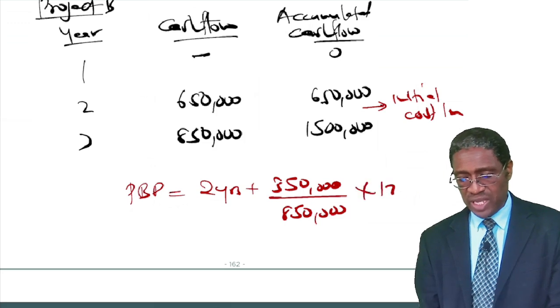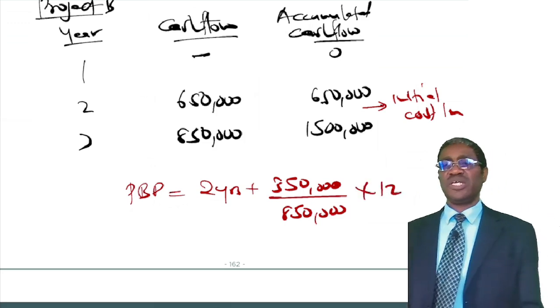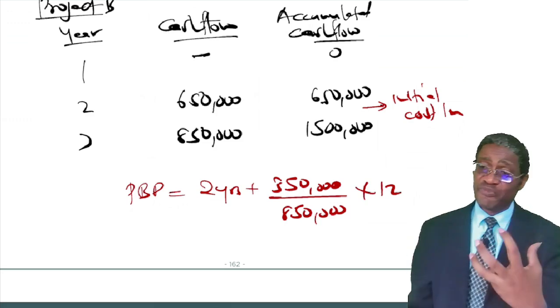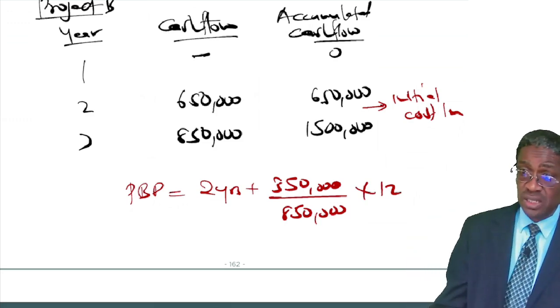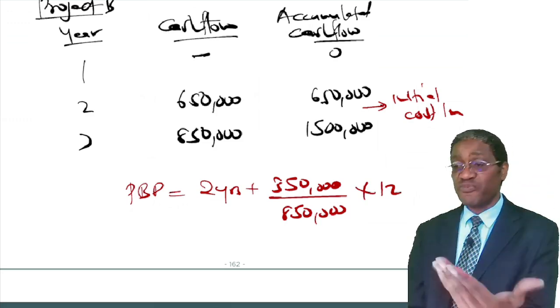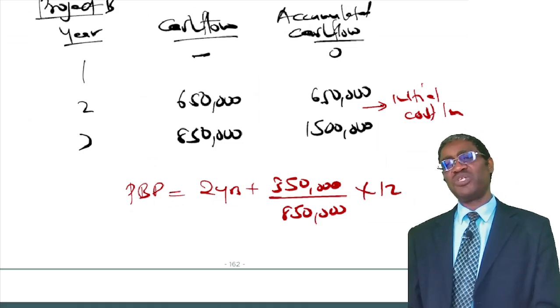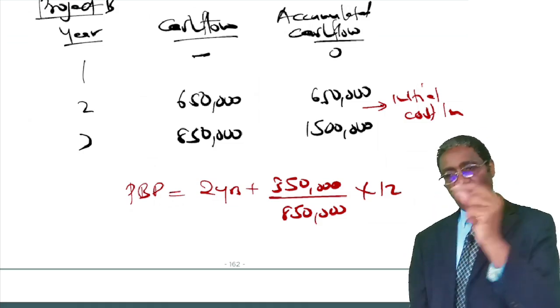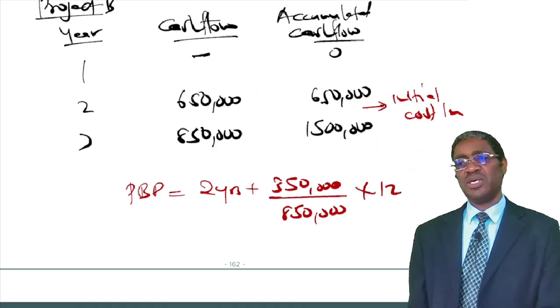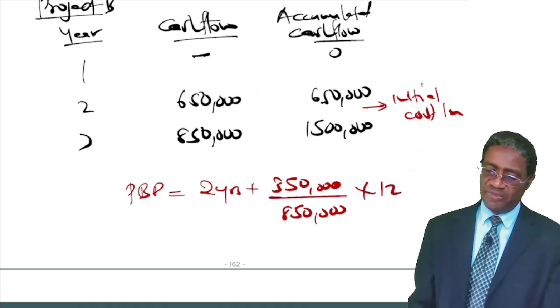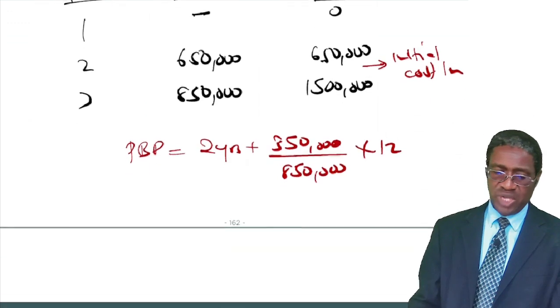Then I said you multiply that by 12. The reasoning was you need 350 in the other year, but it will generate 850. So if 850 will take me 12 months, how many months would it take me to recover 350? That's what we are saying. So let me do that calculation.